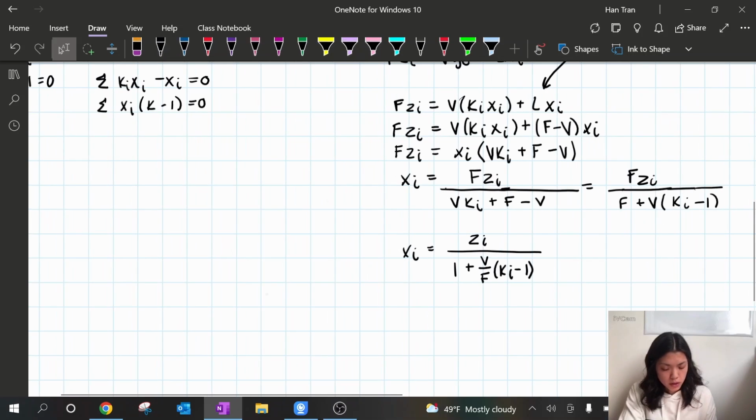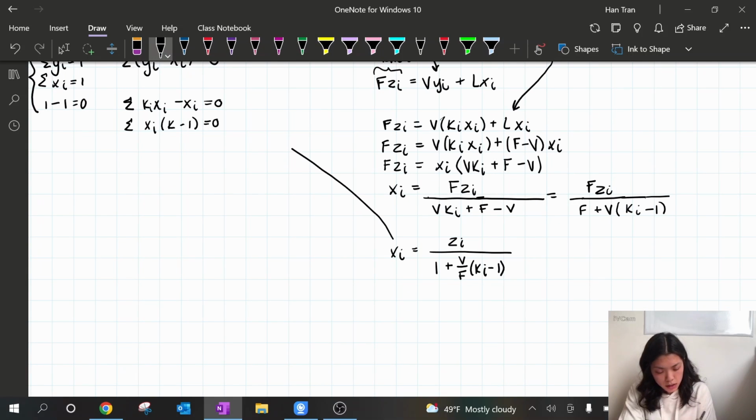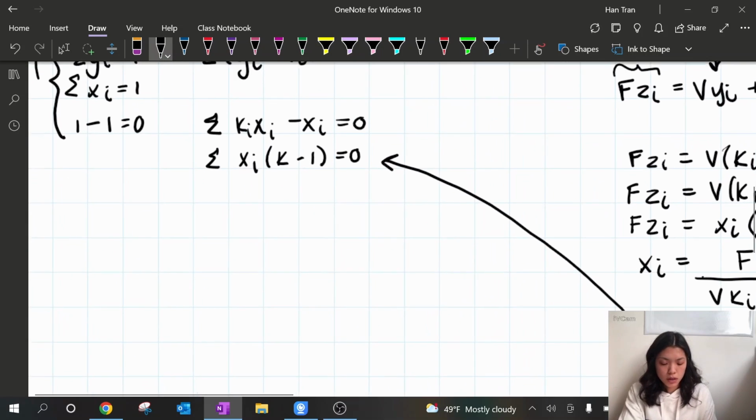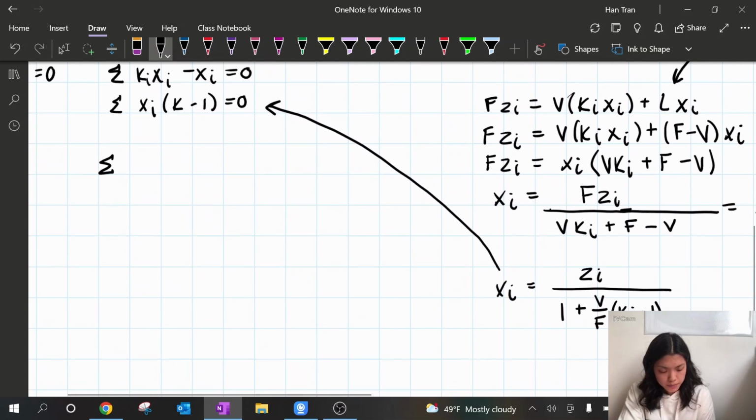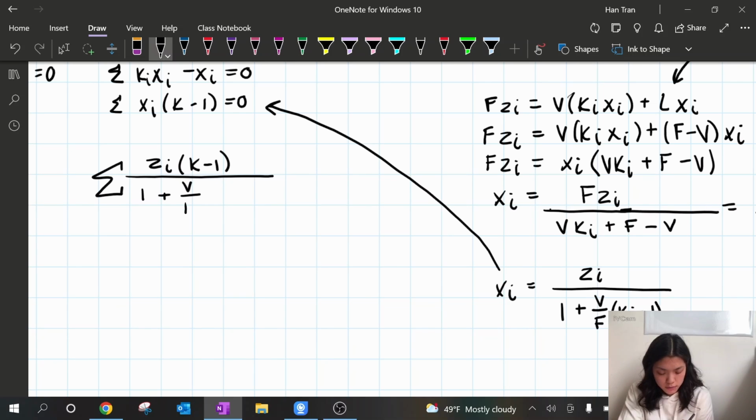And so if we use that and plug it in to the equation here on the left, we will have the summation of the feed mole fraction times the ratio minus 1 all over 1 plus the vapor divided by the feed times the quantity of the ratio minus 1 is equal to 0.